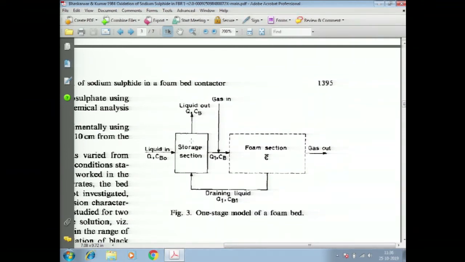Presuming that this storage section, because of vigorous sparging of air, is completely mixed, it would have a certain concentration Cb, same as the outgoing concentration. So, the liquid enters with flow rate Q and inlet concentration Cb0, it leaves with flow rate Q and a smaller concentration Cb, which may be time dependent.